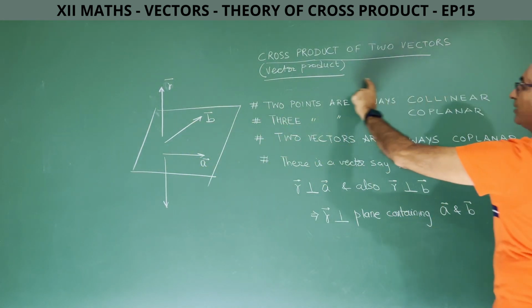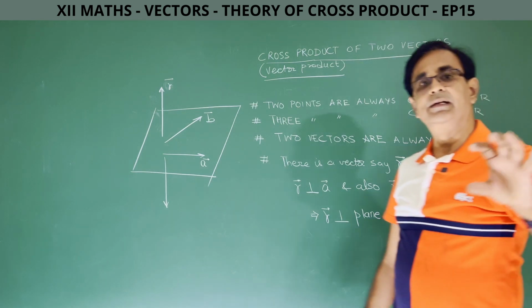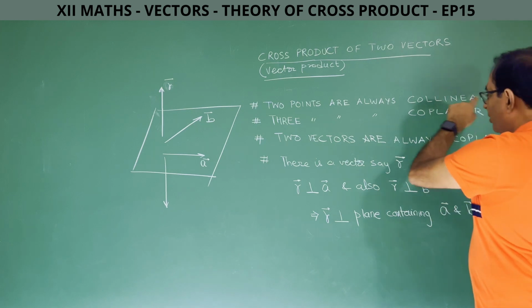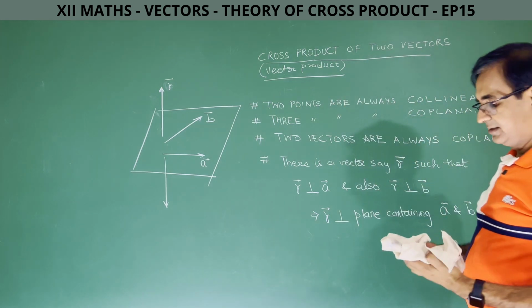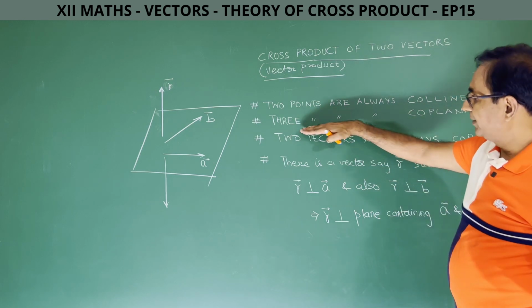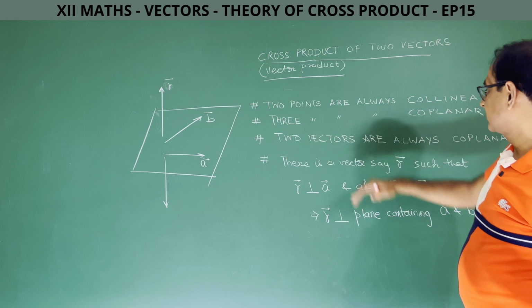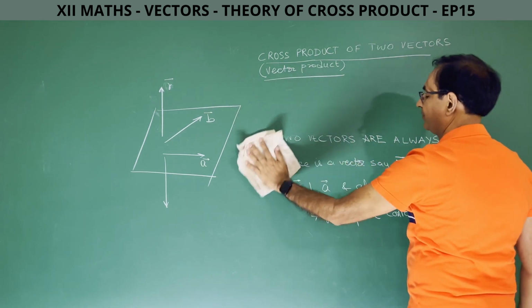I hope you have already written it and this is in your head. It must sink in your head because I am going to use it very often. 2 points are collinear, I am not going to use, we have been using that since our lower classes, but 3 points are coplanar, I will be using it in coordinate geometry. 2 vectors are always coplanar, I will be using it in vectors now.